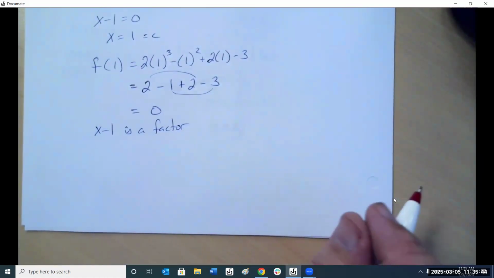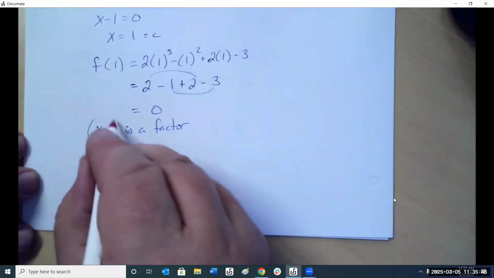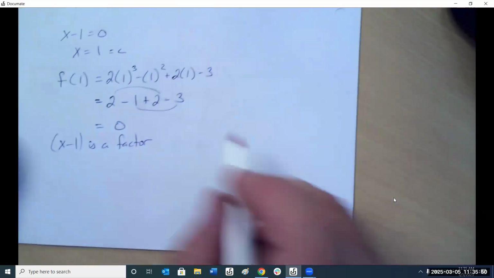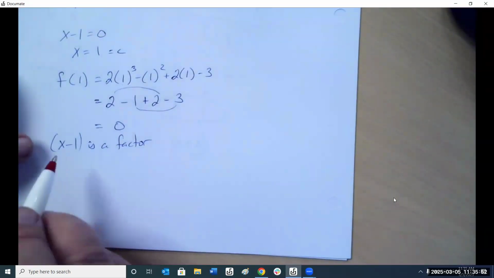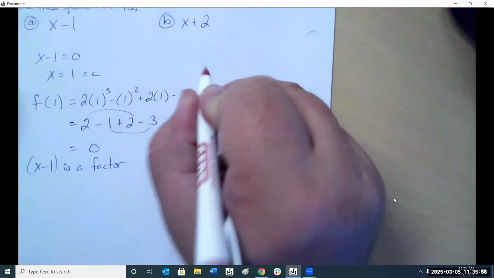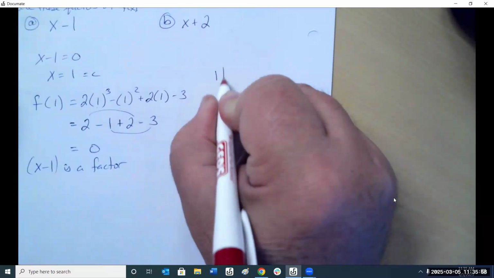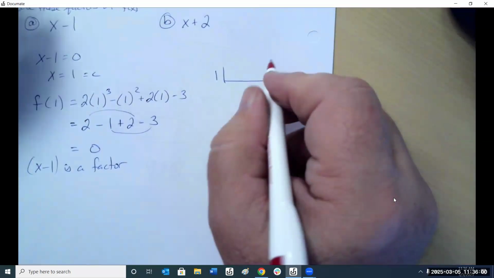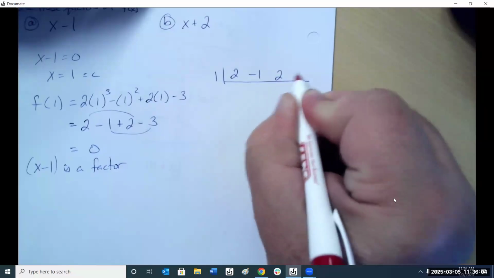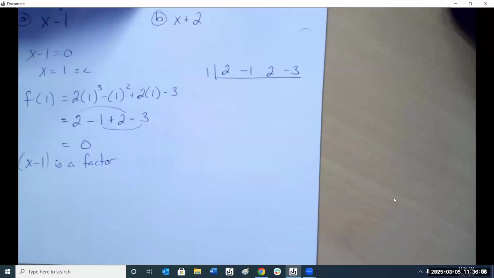Whoop-de-doo. We still need 2 more, which really sucks. So what do we do? Once we find it's a factor, then we come over here and do synthetic division: 2, -1, 2, -3.